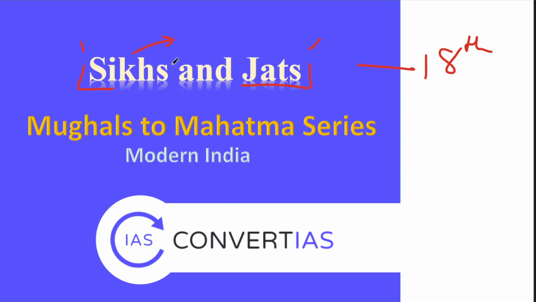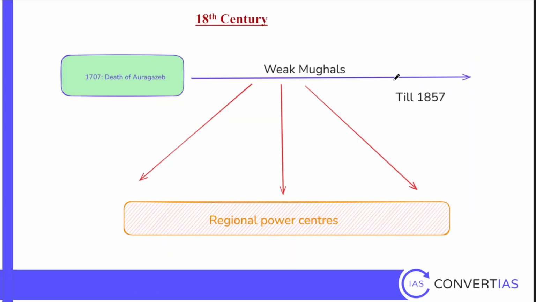This video is intended to cover Sikhs and Jats comprehensively for you to answer every question that is related to these two topics. So let's start. I'll put this in context of the 18th century first. In the previous video, we discussed different states that occurred once the Mughals declined. 1707 is the year that you should remember because that's the year in which Aurangzeb died.